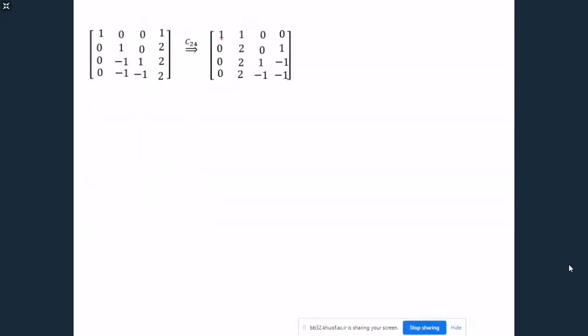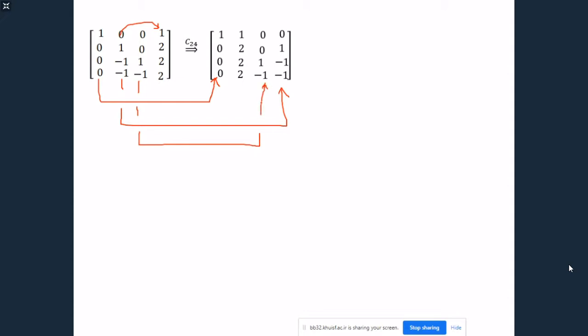We will find this one. 1, 1, 0, 0. This column is here. This column goes to the fourth. This column is the same. And finally, this one, the first, fourth column, goes to the second column.